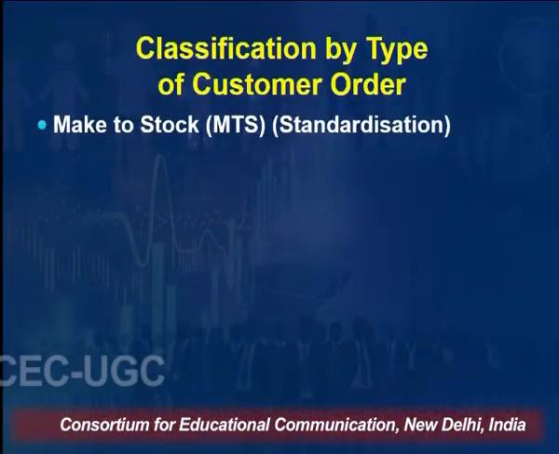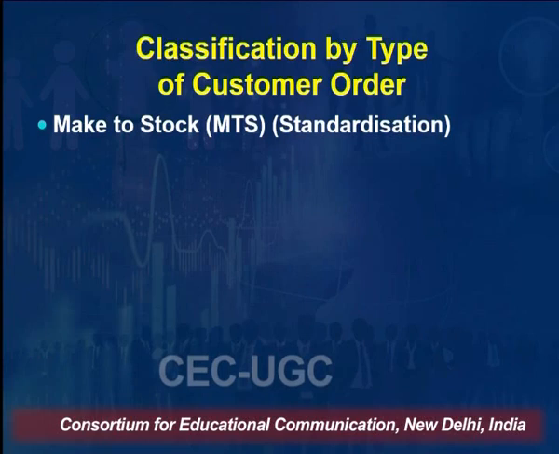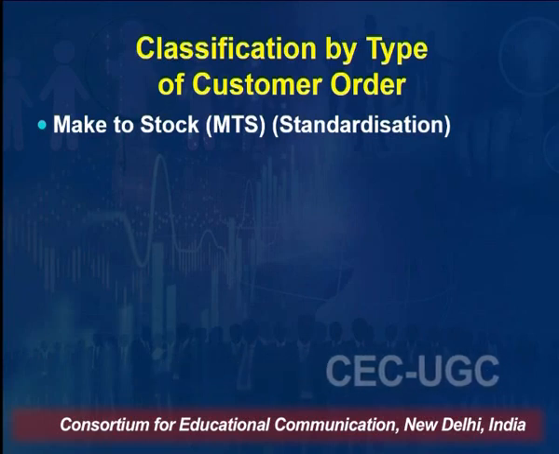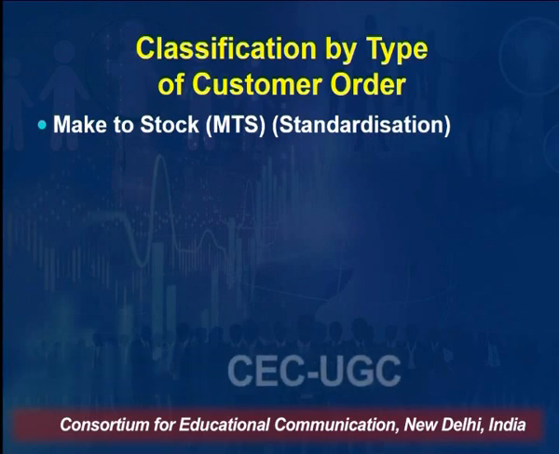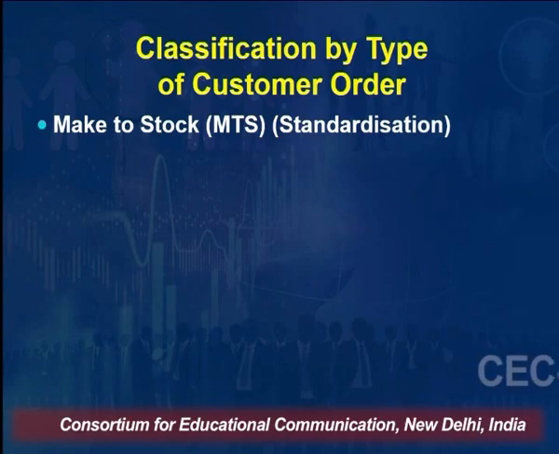Then we will again come back to where we had started in our last series: various kinds of customer orders. One kind is make to stock order, or MTS. When you are making these kinds of products, there is standardization. Such products are made in either continuous process industry or assembly line technology.